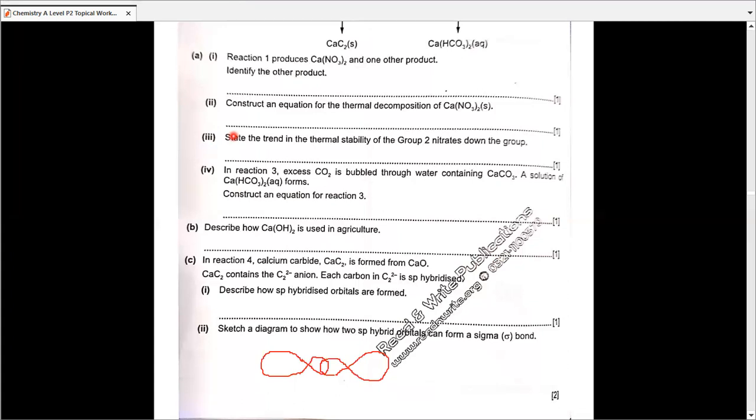Something like this. What did you just say? I said something like this. Actually, the exact opposite. What you have done is that you have combined the smaller lobes. Well, actually, the bigger lobes combine.